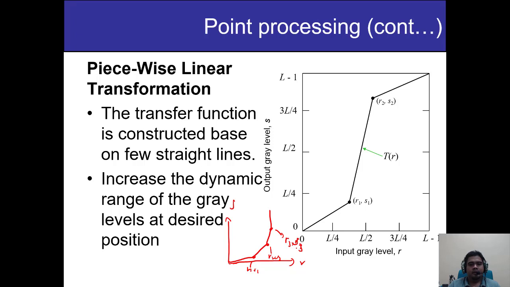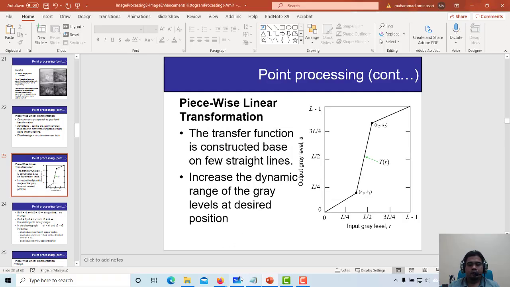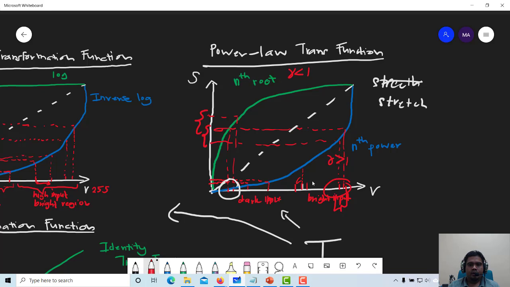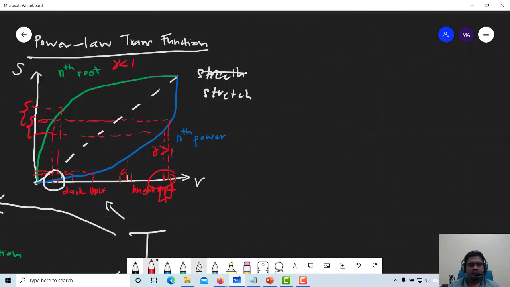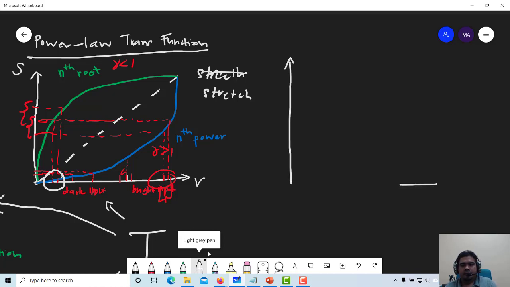So what is good about this transformation function? It can be used to mimic the behavior of the previous three basic transformation functions that we have discussed before. For example, let's say the power law transformation function that we have on this whiteboard. Let me draw another one so you can get a clear picture behind this piecewise linear transformation function.